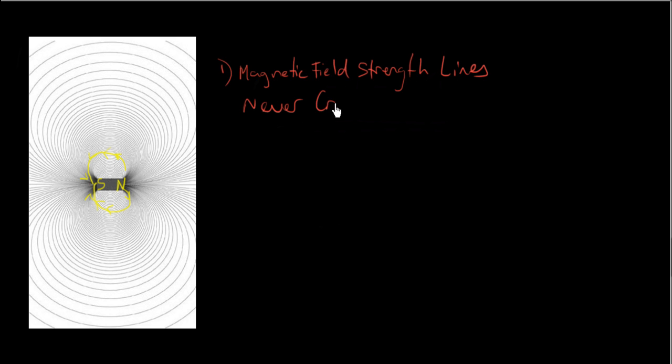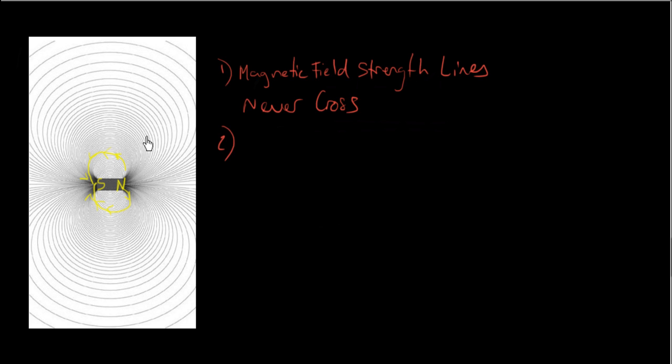And if you pay attention, you can see a few different aspects of this which are useful to know. For example, one of the important things that you should know is that the magnetic field lines, same with electric in this case also, they never cross. Okay, they don't cross, they go alongside each other.